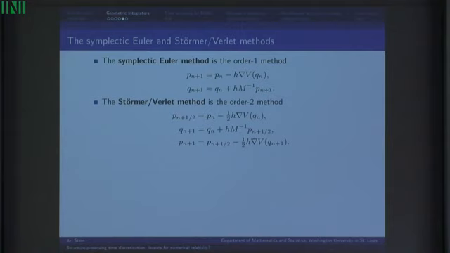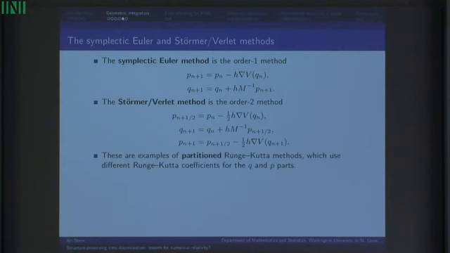And then I advance p again using the new q that I just computed. In a way, this is like using the trapezoid method on the first and last lines and the midpoint method for the second line. So the first is a combination of Euler and backward Euler, and this is a combination of trapezoid and midpoint.